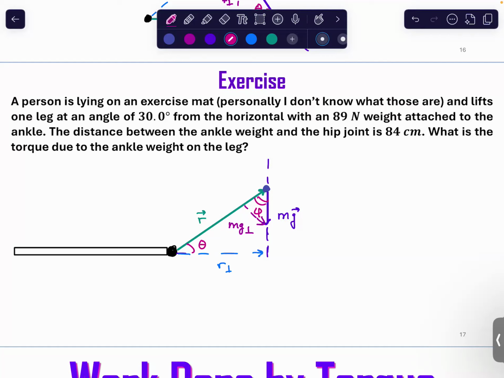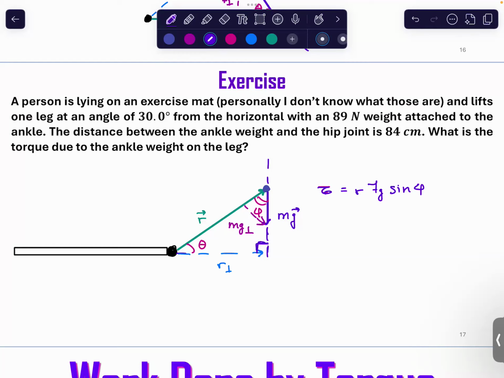Okay, so we know that the torque that we're looking for is going to be R, gravitational force here, m times g, sine of phi. Okay, well, this is a right triangle.